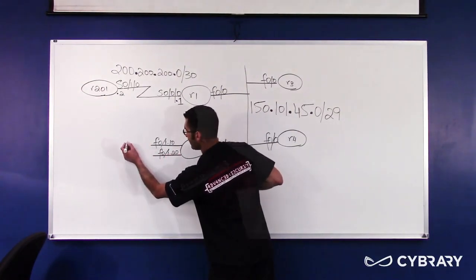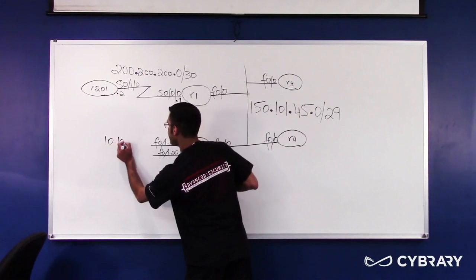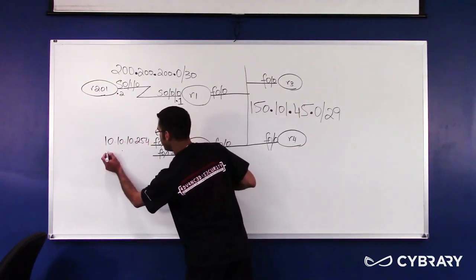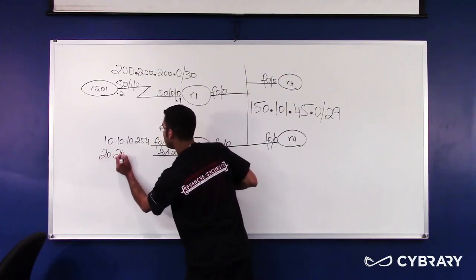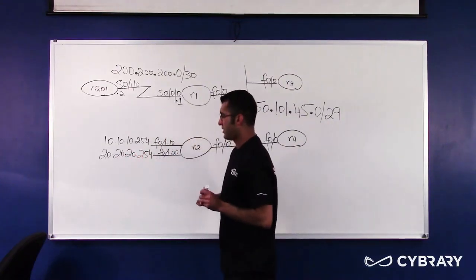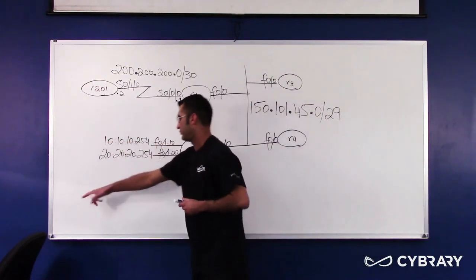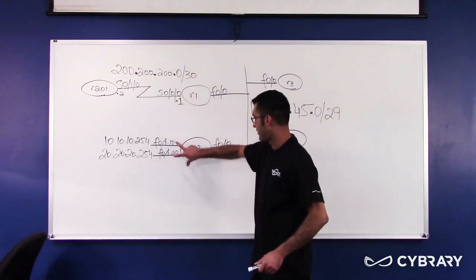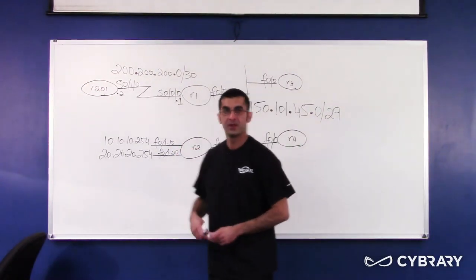And the address over here is 10.10.10.254. And the address here is 20.20.20.254. We're not going to worry about switch 8 that sits over here with the host sitting over here. Okay? We're just going to worry about these two interfaces right here.